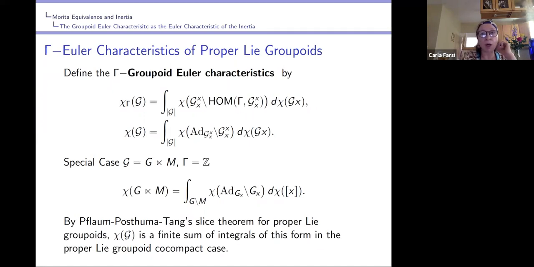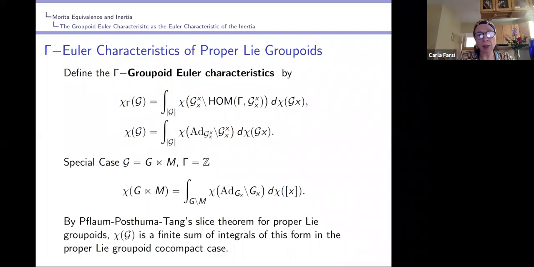So chi of the homomorphisms from gamma to G_xx over the adjoint action, I mean the conjugate action of G_xx, is the integral of chi over the orbit space of G. Well, this might not seem very intuitive, but perhaps if you look at the expression for a translation groupoid down low, it's a little bit more intuitive.